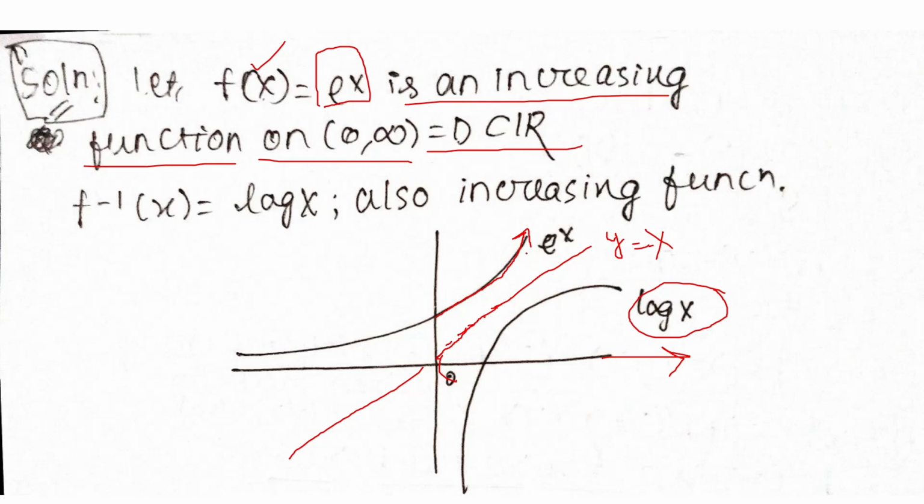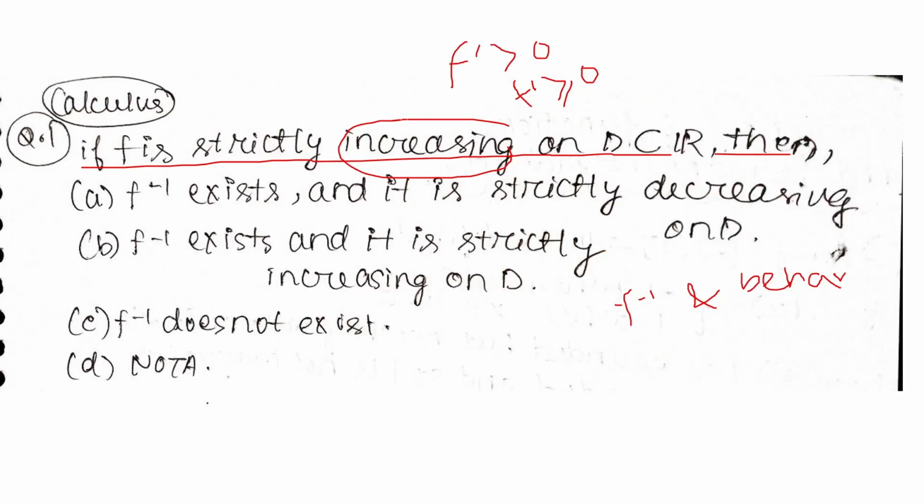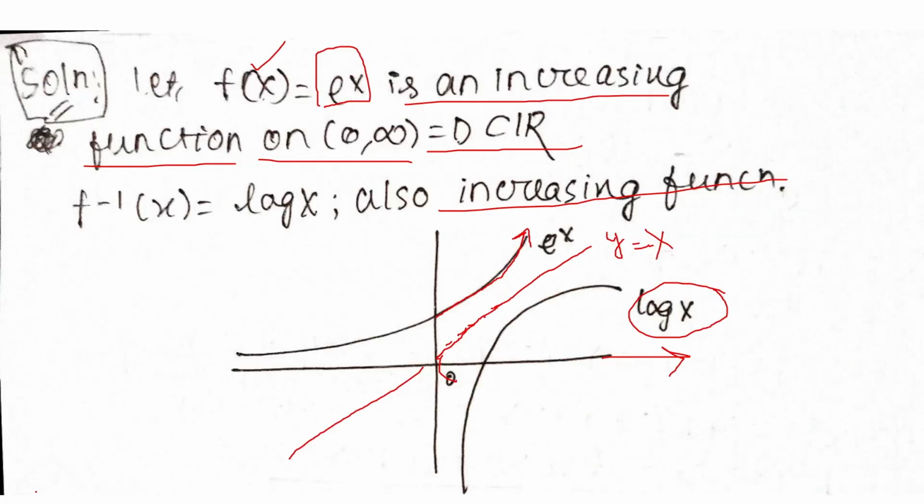It is directly the inverse of that function, which is also an increasing function. So what do we have in the question? It asks whether it is decreasing. No, it is not decreasing. It is strictly increasing. So what will be the answer? Option B is the correct answer. So go to the next question.